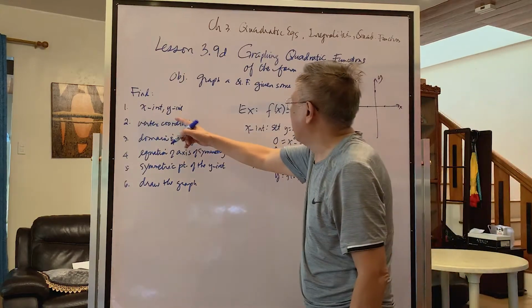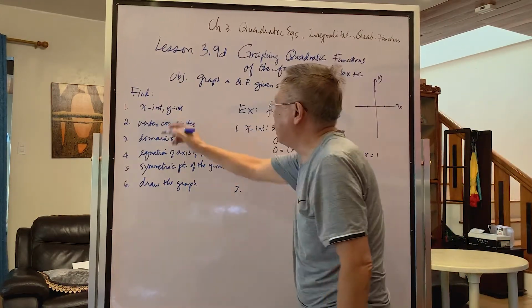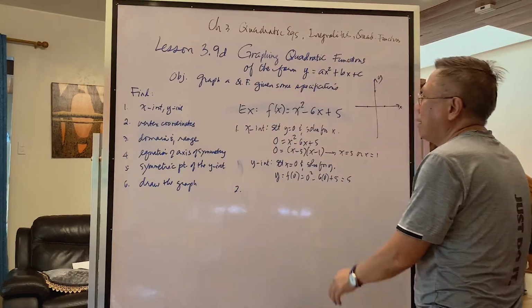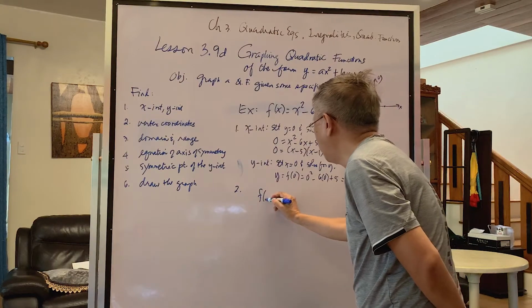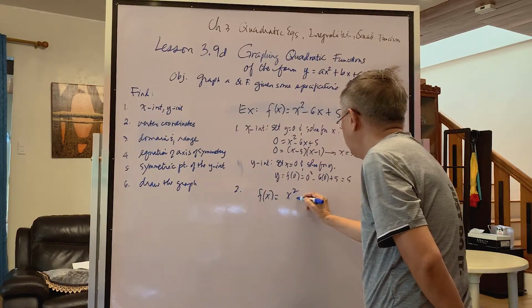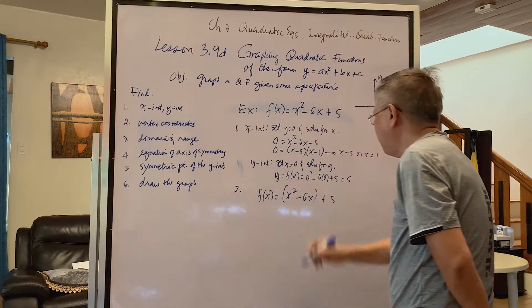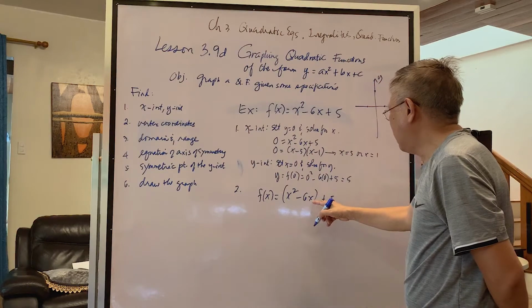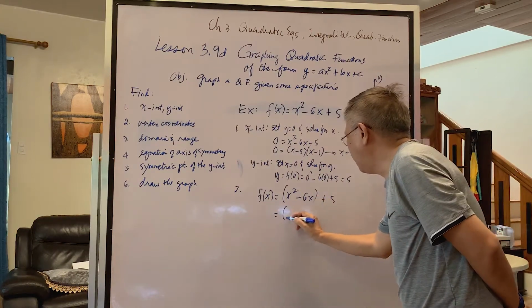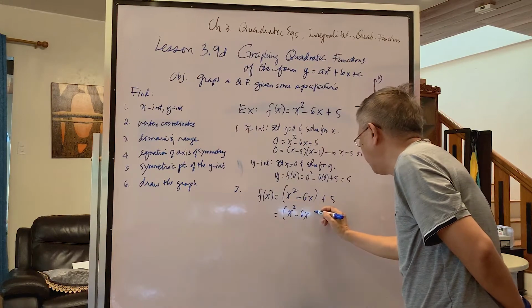Then the next one, so this is number 1, and number 2 is we want to get the vertex coordinates. We are going to complete the square here. So x squared minus 6x. What will be the third term to make this a perfect square trinomial?